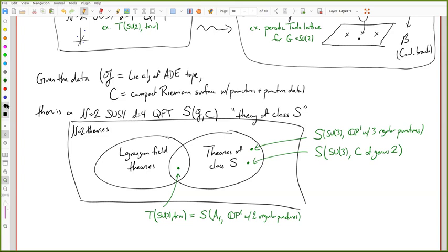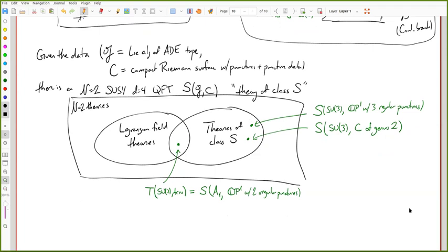The reason why I'm bringing these things up is that for the supersymmetric quantum field theory, S of GC, the corresponding complex integrable system is a rather famous one called the Hitchin system.